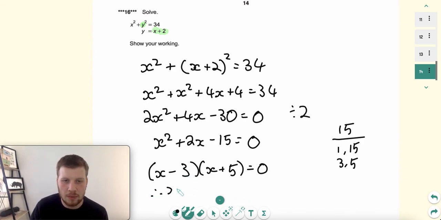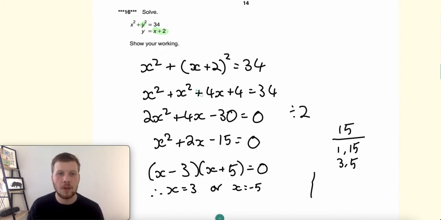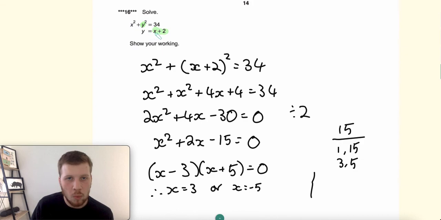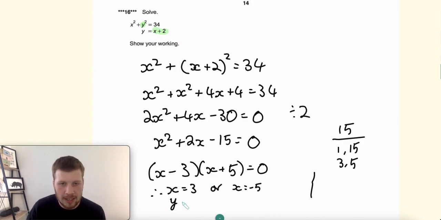So from here, I get x is equal to positive 3, or x is equal to negative 5. This is great, they're my answers so far, but I need to work out my values of y. Well, y is equal to x plus 2, so when x is equal to 3, 3 plus 2 is 5, or when x is negative 5, negative 5 plus 2 gives me negative 3.